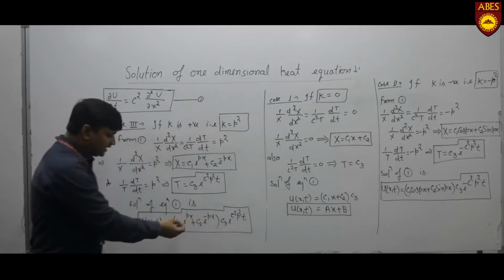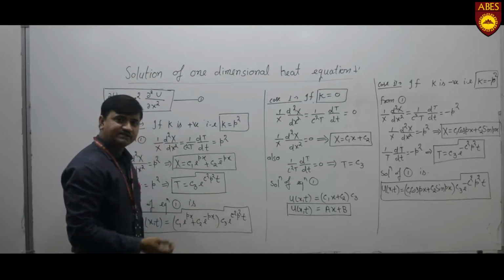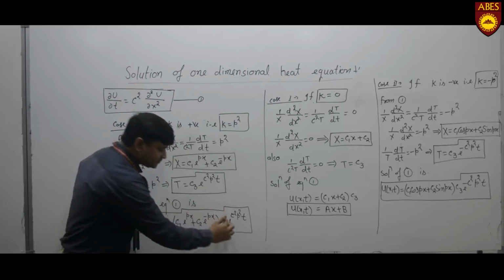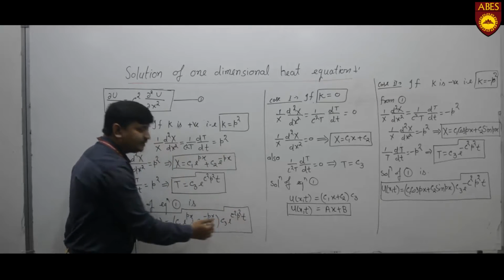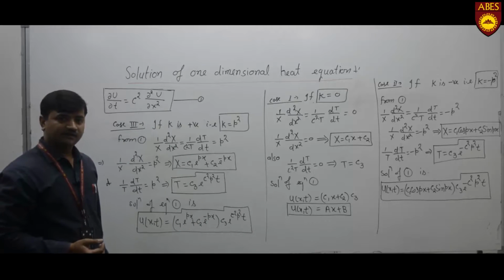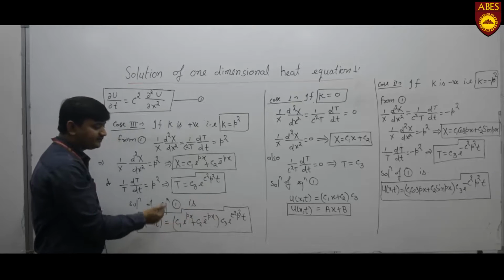Case number 3. Here we are getting e to the power c square p square t with a positive sign. It simply implies that if the time increases, this particular term with positive power will increase and approach infinity. So from the third solution we get that if the time increases, the temperature will also increase.